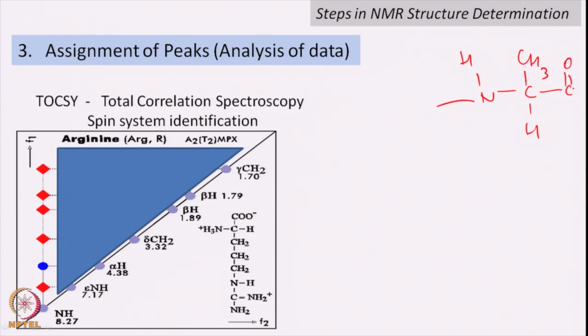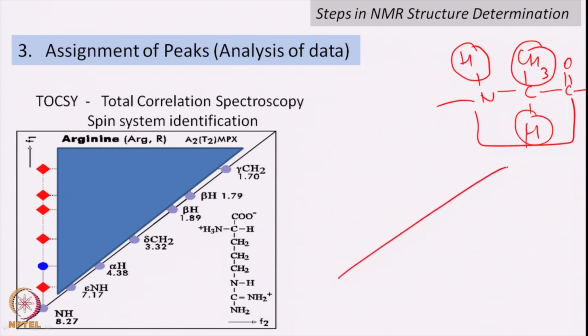Now, what protons do we have in alanine? First is the NH proton, second is the C alpha H proton, and then the C beta or C methyl H proton. So, in TOCSY essentially we should see 3 peaks: one for your NH proton, which will be around 8 ppm.